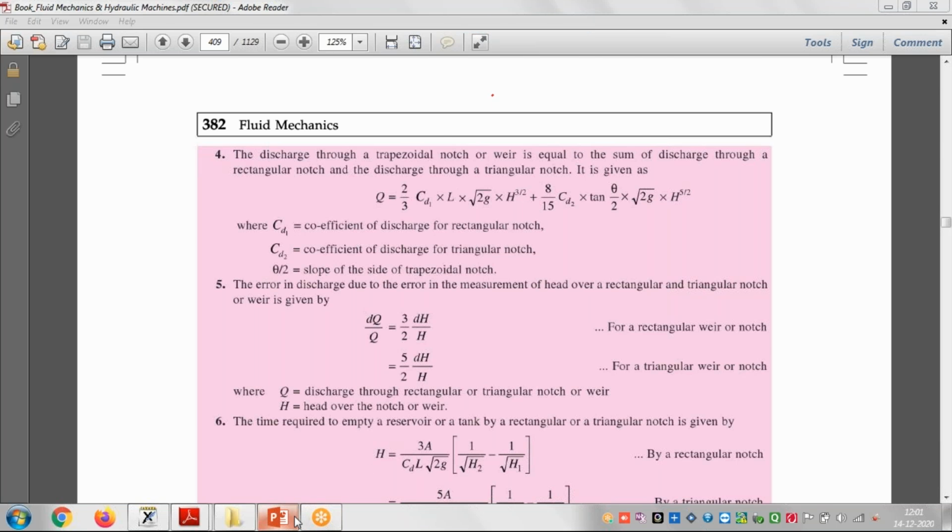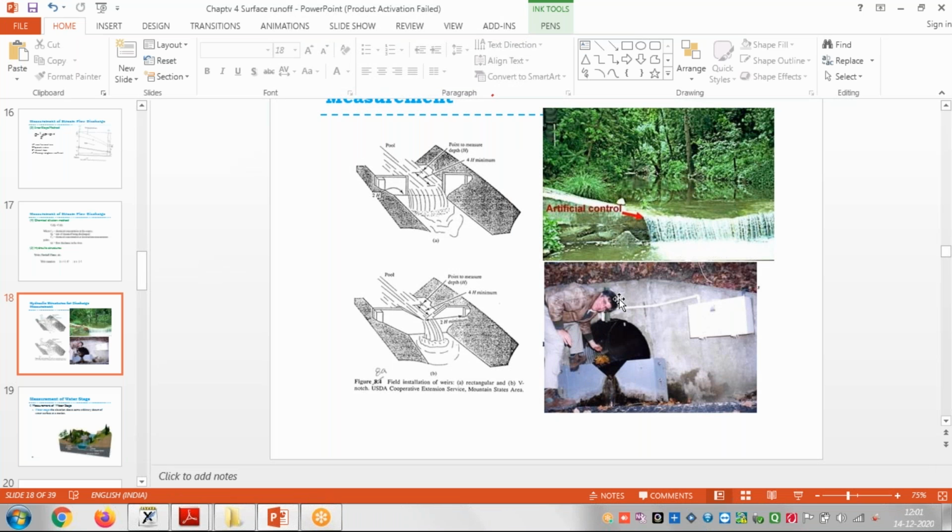Is this okay now? So here you can also see this. Just see, this is one of the structures made and here one pipe is given, right? And within this pipe they have made some artificial structure, a V shape notch, right?